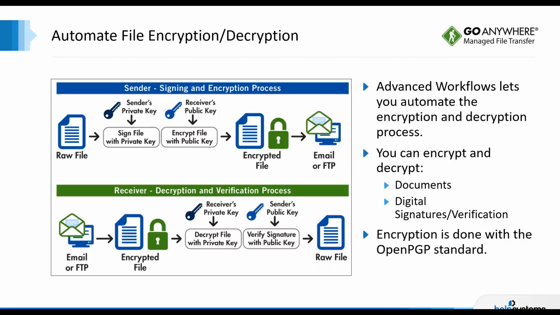Now I can email it. Yes, I can FTP it or SFTP it. AS2, AS3, HTTPS, whatever the communication is, and then decrypt. Just take the base PGP file, decrypt it, and pull it right back into the raw data that was sent.